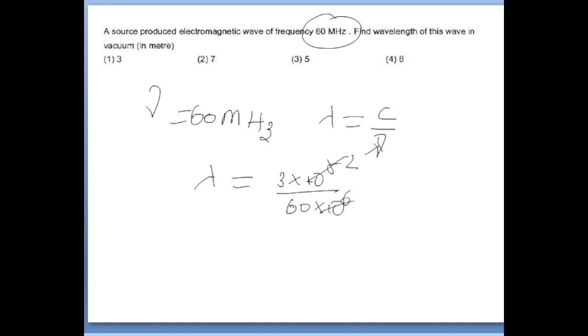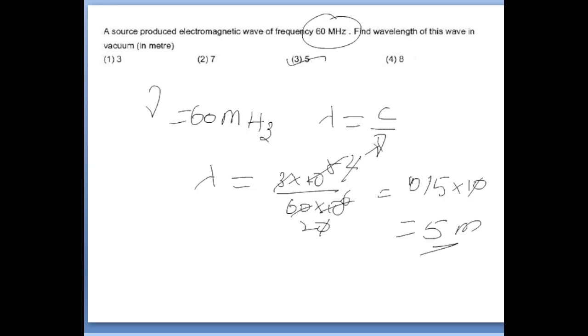The powers cancel, leaving 10 power 2 by 20, which gives 0.5 into 10, so the answer is 5. Option 3 is your answer.